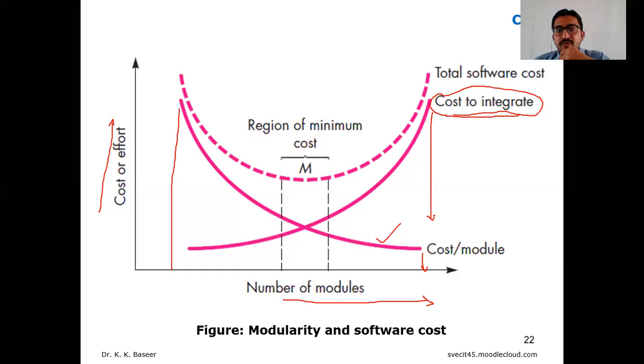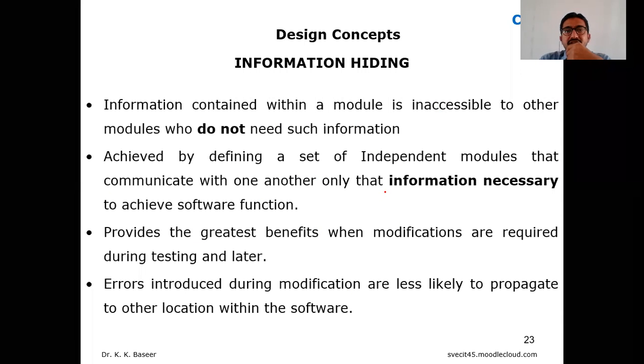So the total region of minimum cost is the point M where the curves cross. That capital M shows the total cost required for developing and integrating. As the number of modules increases, the cost to develop is less, but to integrate, the cost is more.